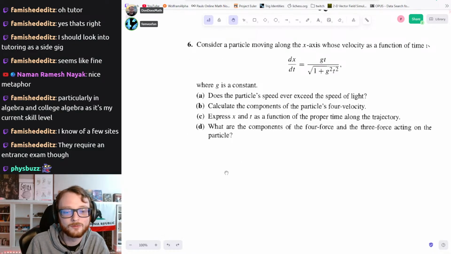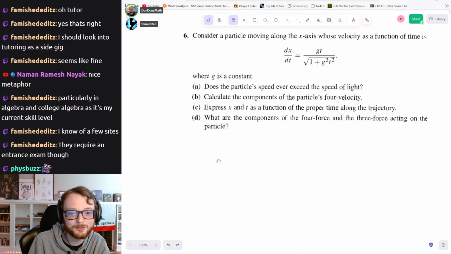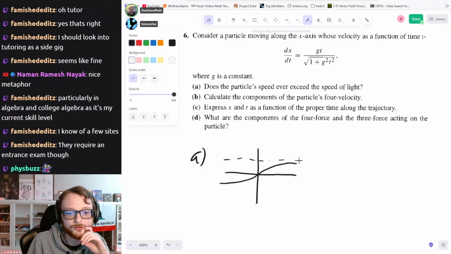Because of that +1. Would it be a sigmoid function maybe? Almost like arctan. I'm worrying about negative time also, but I think it's something arctan-ish.